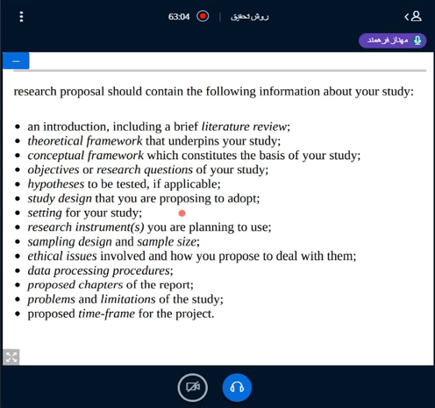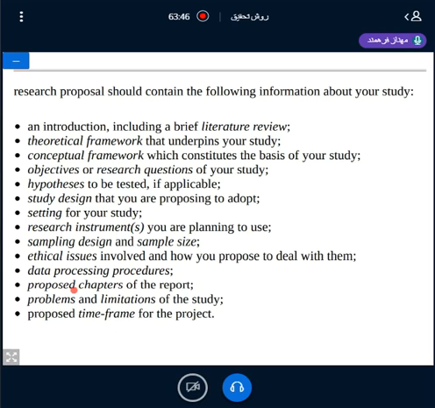Study design that we are proposing to adopt, that we studied, and we talked about study design. Setting for your study, research instruments you are planning to use, and that is for sampling and data collection needed, sampling design and sample size, ethical issues involved and how you propose to deal with them if necessary, data processing procedures, proposed chapters of the report.